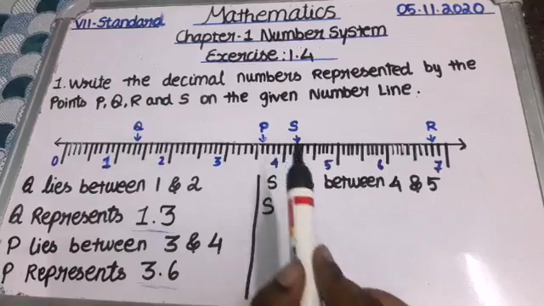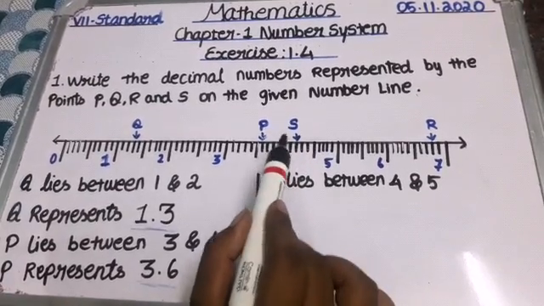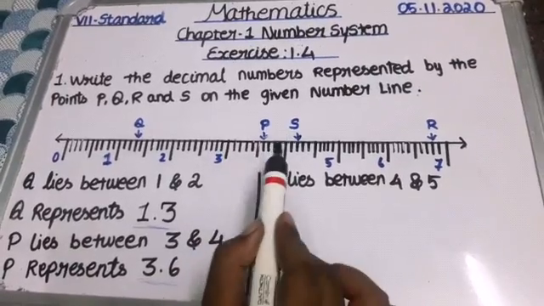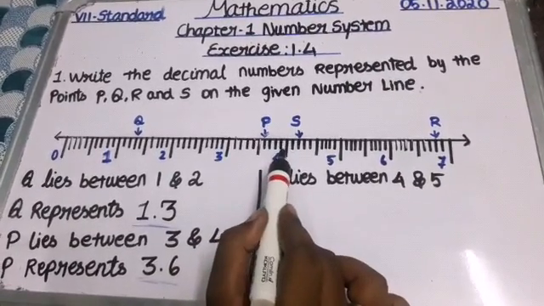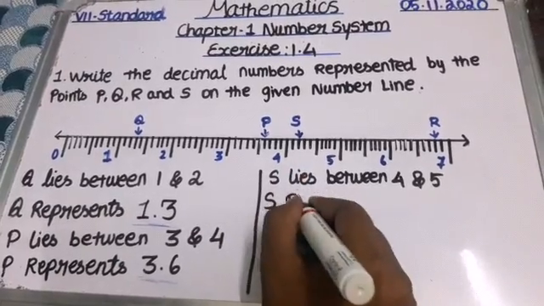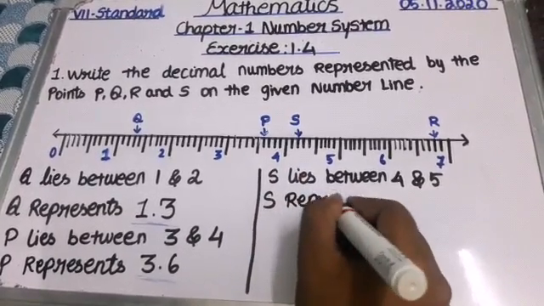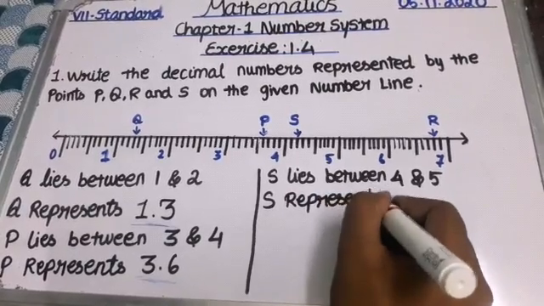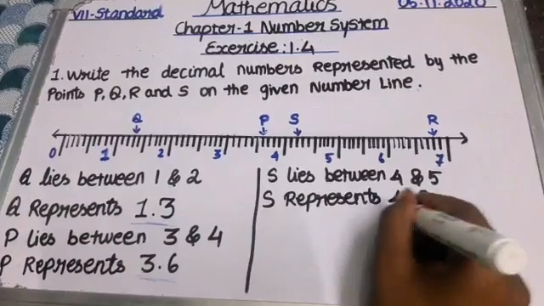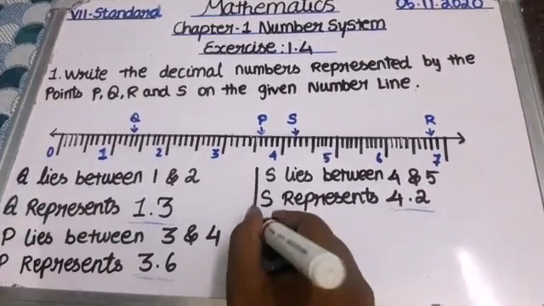After 4 what will be considered? We can take 4, after each line will be represented by 0.1. So after 4 we will take 4.1, 4.2. So S represents 4.2. Following that we can take for R also.